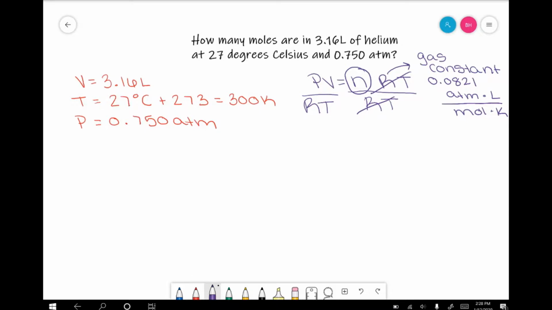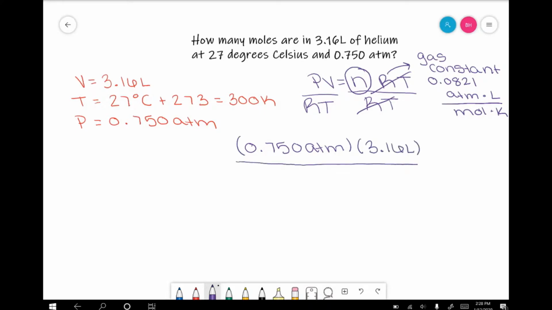So let's go ahead. We have all of our variables. We have them within the right units. So let's go ahead and just plug that into our equation. So we have our pressure, which is 0.750 atmospheres. We're going to multiply that by our volume, which is 3.16 liters.